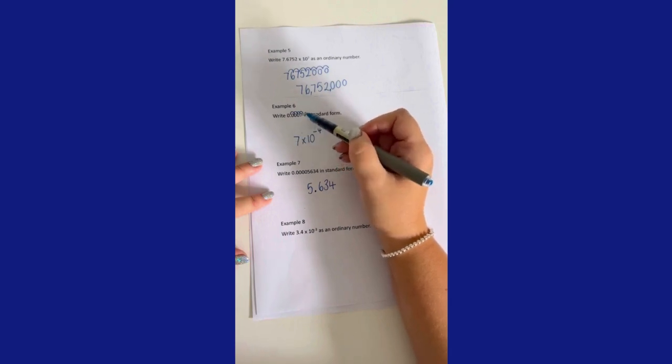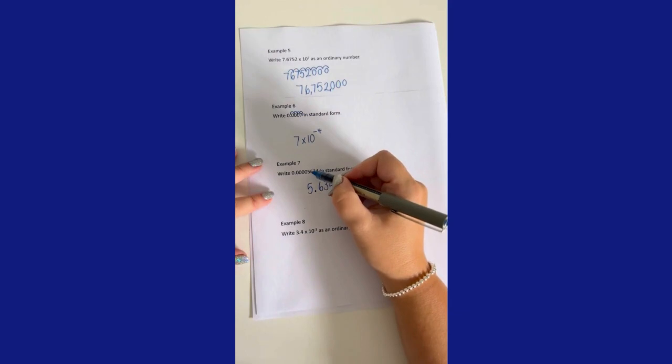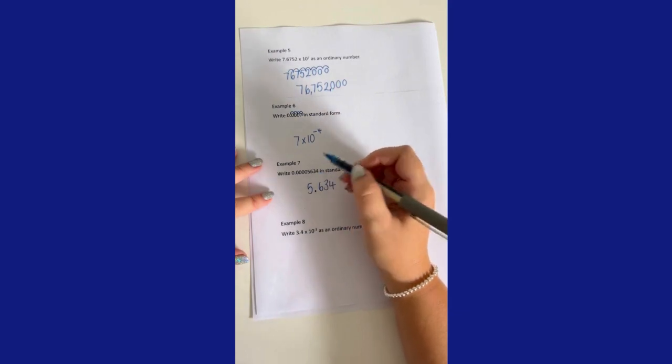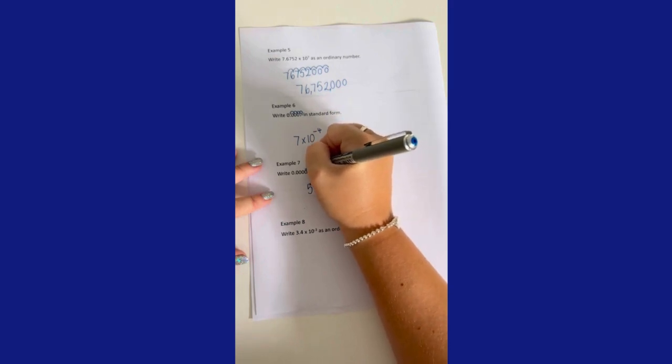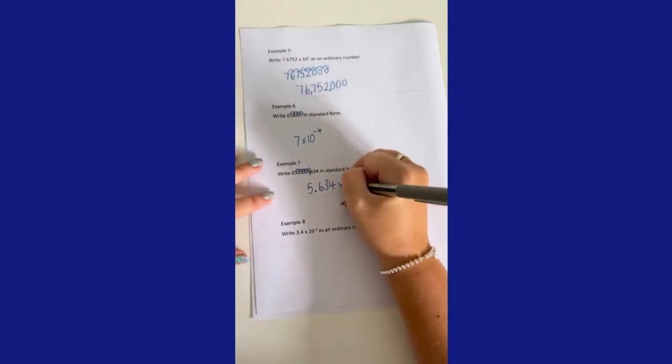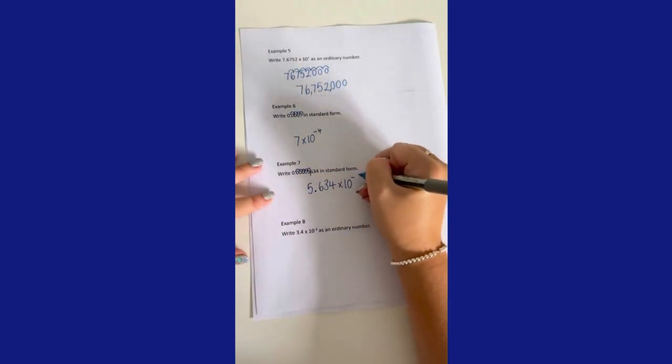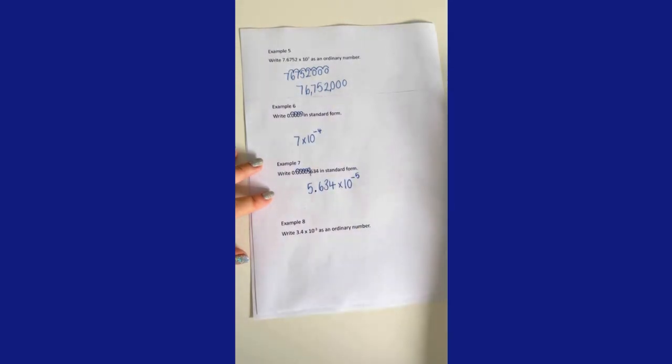So we started with a 7, we put it in here. So we put our decimal here between the 5 and the 6. So we're going to count from where we put our decimal in here to where the decimal was originally. 1, 2, 3, 4, 5. Times by 10. Remember, because we're going backwards, to the power of -5.